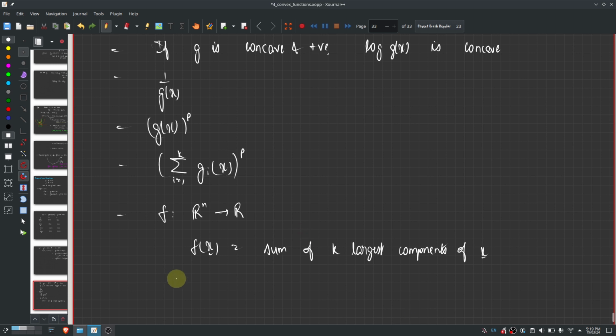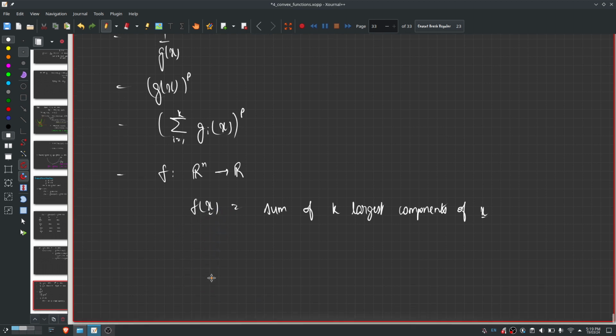Because if k equal to 1, then I can define fi of x to be equal to just xi, which picks the ith component. So f of x would just be the maximum for i equal to 1, 2, 3 up to n of fi of x. Each of these is a linear function. So this would be a maximum of linear functions and hence convex.